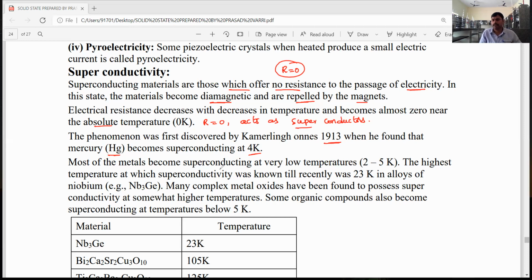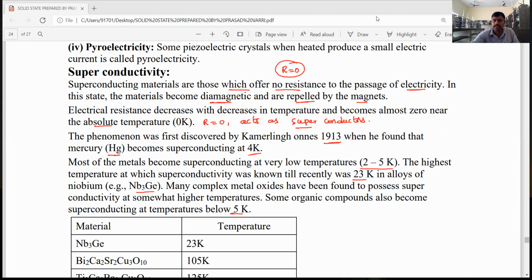Most metals act as superconducting materials at very low temperatures, between 2 and 5 Kelvin. Some metals or alloys behave as superconductors even at higher temperatures, around 23 Kelvin, such as the niobium alloy Nb3Ge, niobium germanium. Some organic compounds act as superconducting materials below 5 Kelvin, but some alloys act as superconducting materials at higher temperatures also.